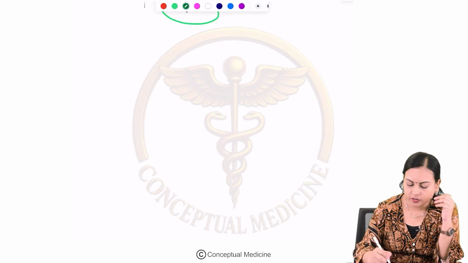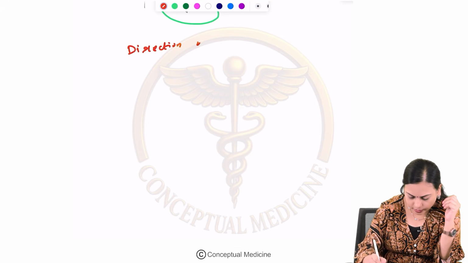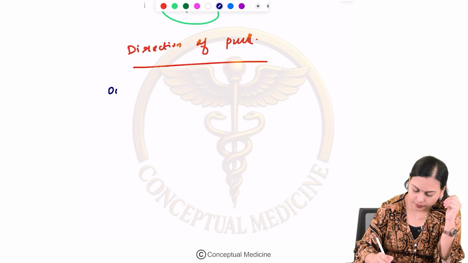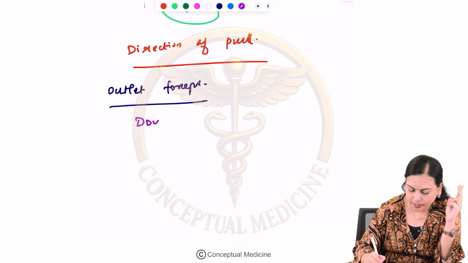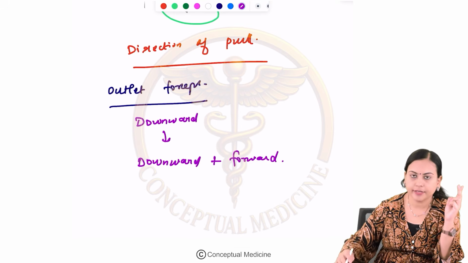After application, you have to decide your direction of pull, right. Direction of pull in case of outlet forceps: you have to give two pulls only. First a downward pull, followed by a downward and forward pull. Clear?